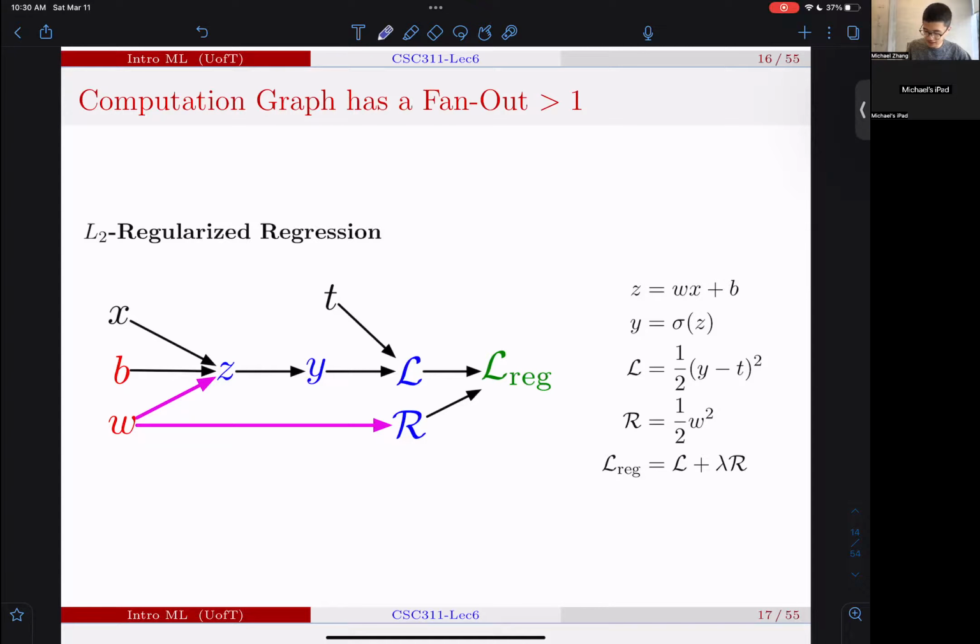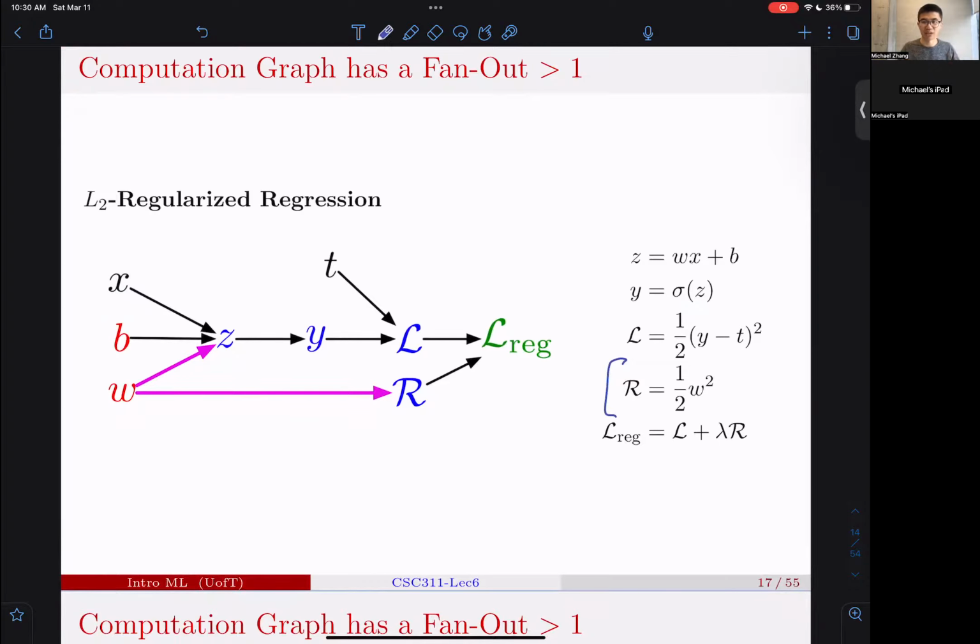So we're defining this additional term r equals 1/2 w squared, and then we add a penalty to the weights with magnitude lambda. One thing you'll realize here is the fan out of the variable w is now greater than 1, meaning there are two paths from w to our final loss, L reg. And that's something our old univariate chain rule can't quite deal with anymore.